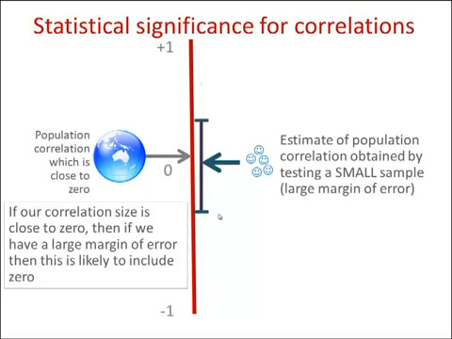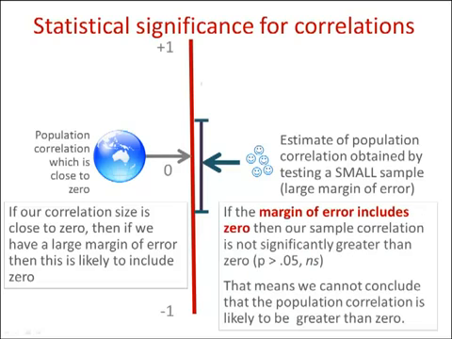Because of course, remember, in real life we don't actually know exactly what this population correlation is. So essentially, if that margin of error includes zero, then we say it's not significantly greater than zero. That's the very definition of a significant difference.